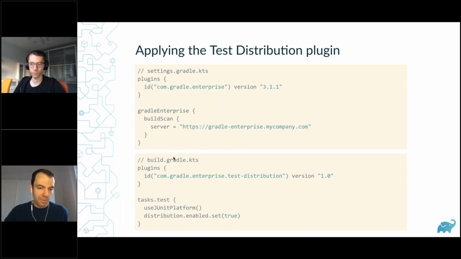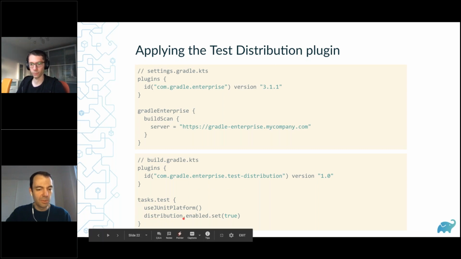And then in your build script, you would apply the test distribution plugin, as Benedict has shown in the first build. And of course, version 1.0 is not yet released, but we are still working on that and will do so soon. In the test task, you then have to use the distribution extension of the task and enable test distribution basically. And you have to use the JUnit platform for that to work.